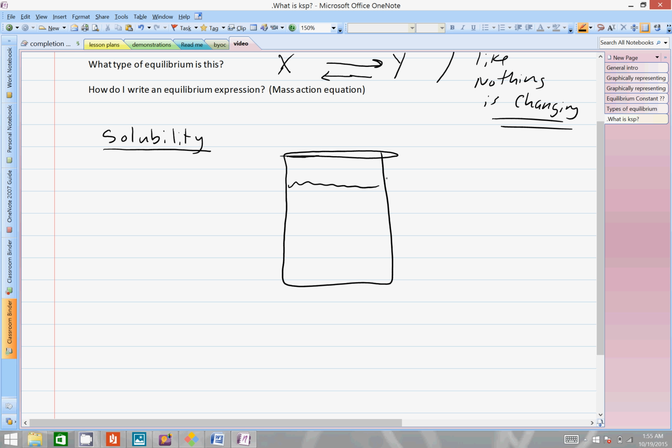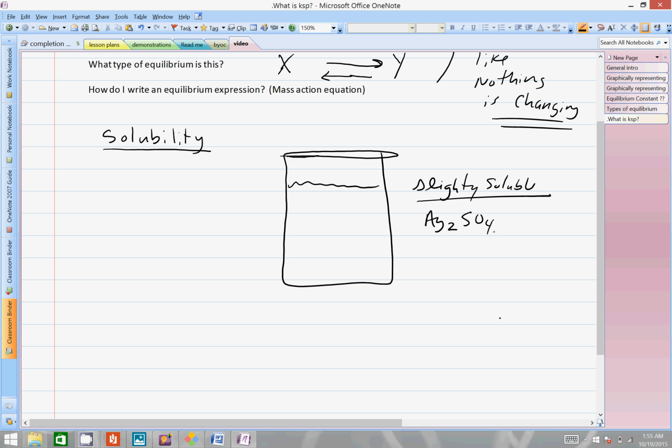Now, just so you're aware, this process generally works best for things that are only slightly soluble. For example, we have Ag2SO4. These are things that just aren't very soluble.